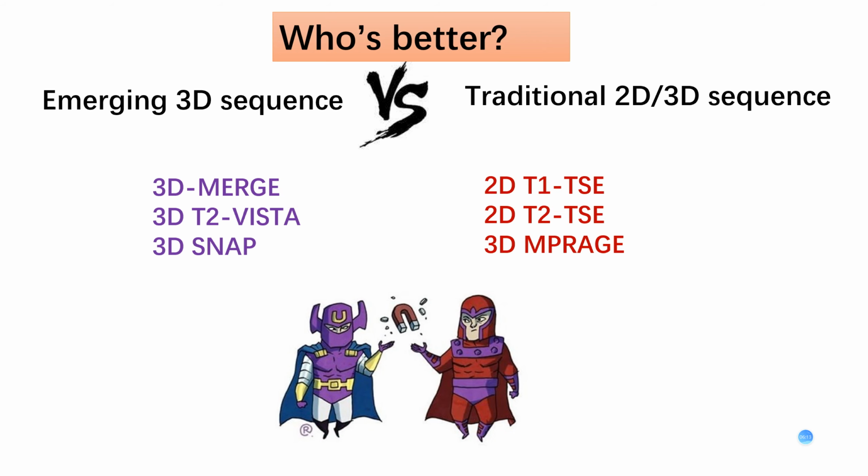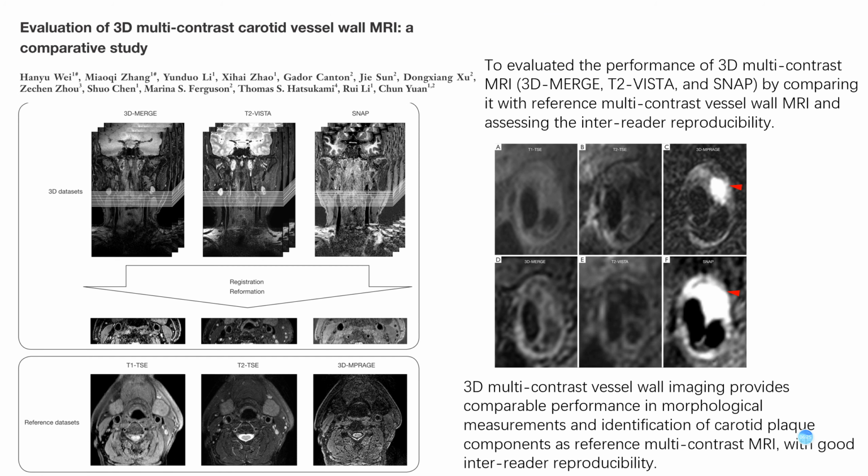Third, who's better for carotid plaque diagnosis in terms of accuracy and reliability? With 2D conventional multi-contrast MRI as reference, 3D multi-contrast vessel wall imaging provides comparable performance in morphology measurements and identification of carotid plaque components, with good inter-reader reproducibility.